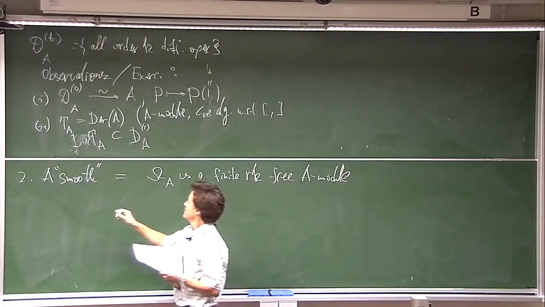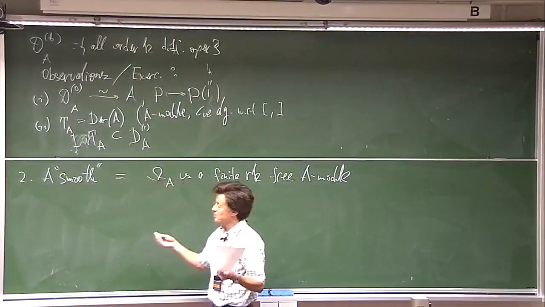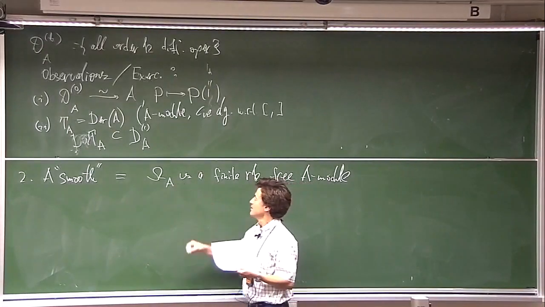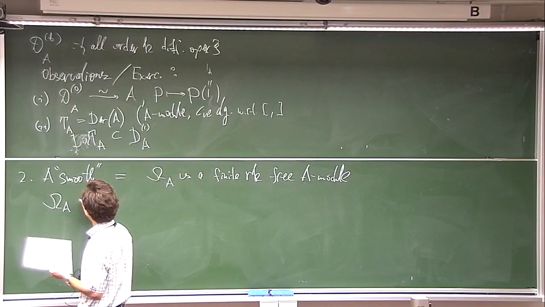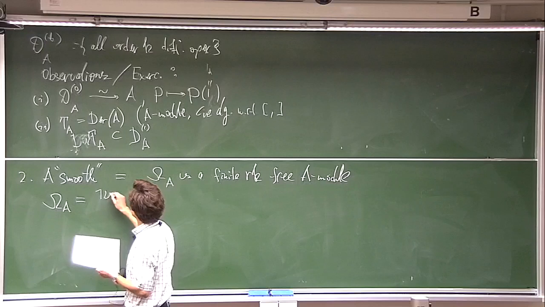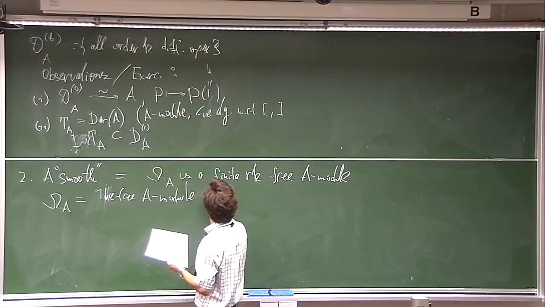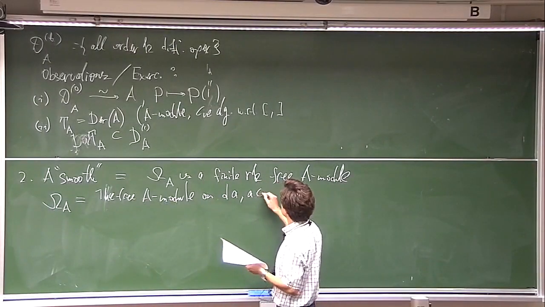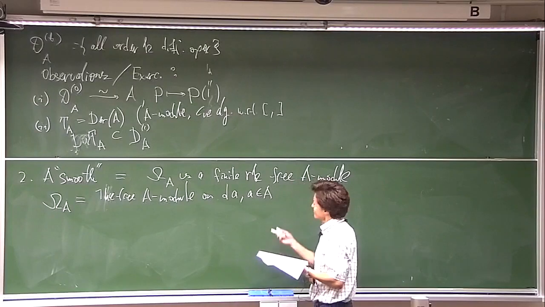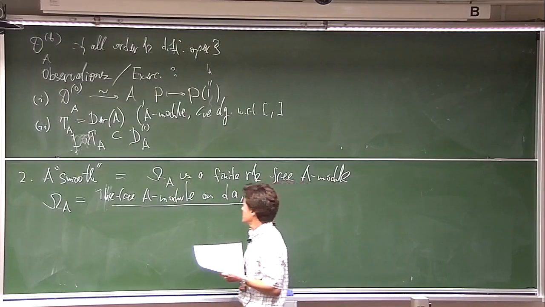Omega, yeah, okay. So when you write f of x dx, something that calculus students deal with, it is an element of this thing. And the algebraic definition is: omega A is the free A module on generators, it's just a symbol at the moment, d a for all a in A, modulo the relations.